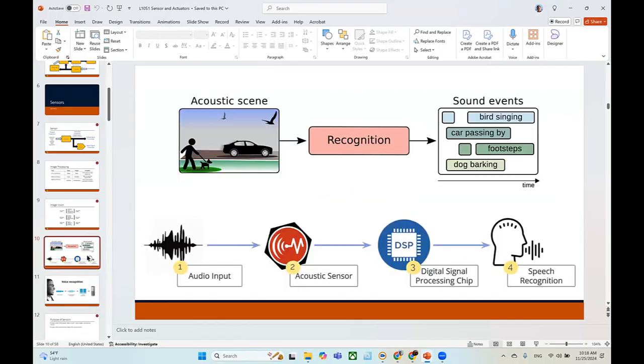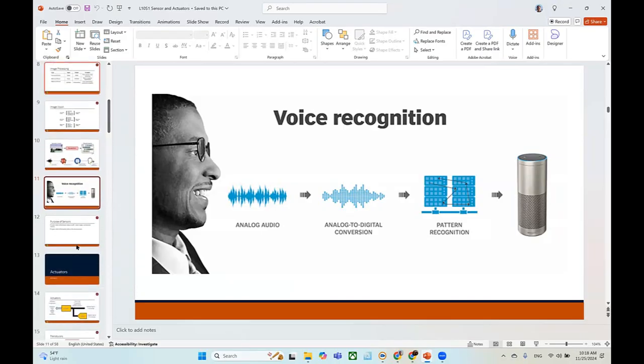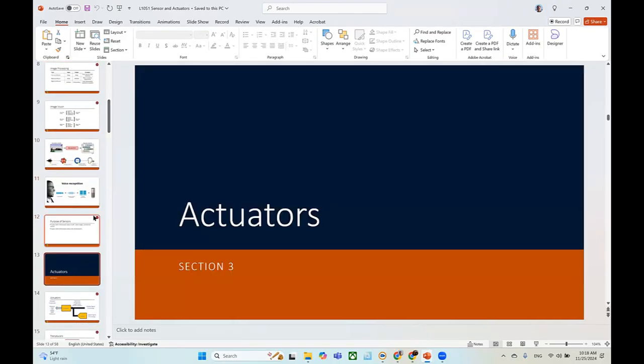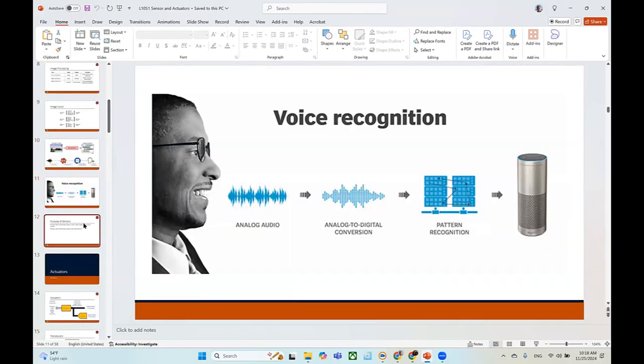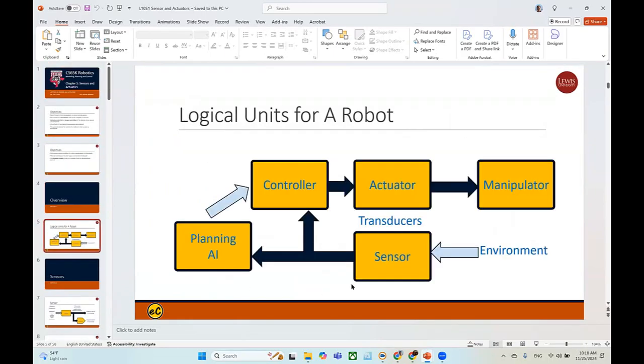So there is audio, voice recognition, image, and computer vision pattern recognition. A lot of things help you build your model. So you sense, and then you need to provide that data as feedback to your CPU, the planning part.